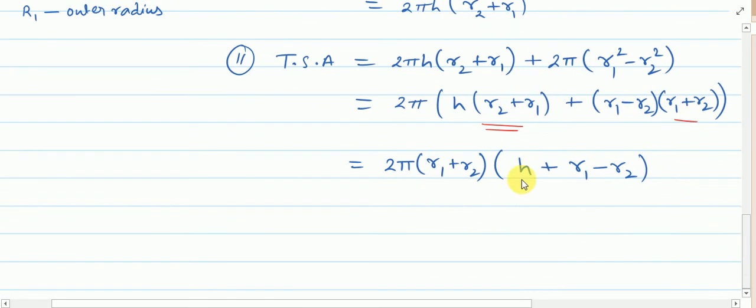And please remember that here this is your outer radius and this is your inner radius. So for the hollow cylinder also we got curved surface and total surface area.